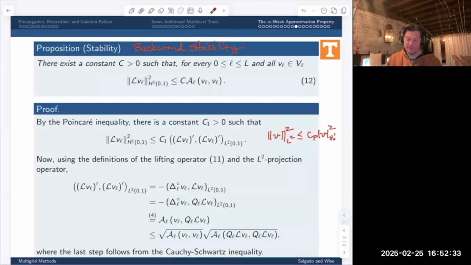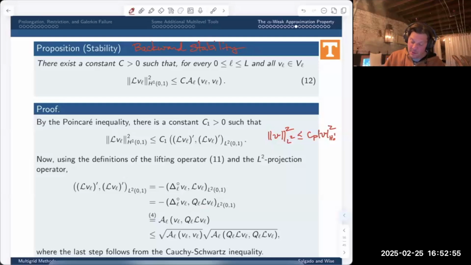All right, now what do we know about this function? It's a smooth function. This function here is a piecewise constant function by definition. And so by the definition of the L2 projection, I can replace this object with its L2 projection. Why is that true?